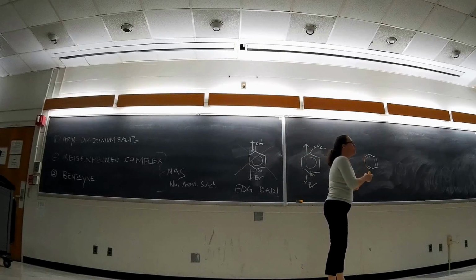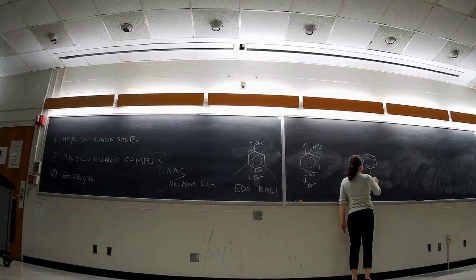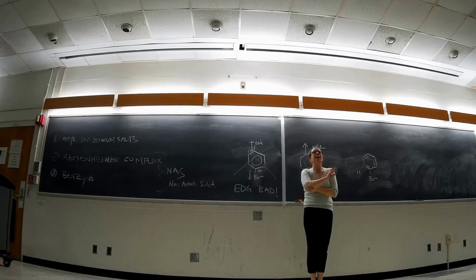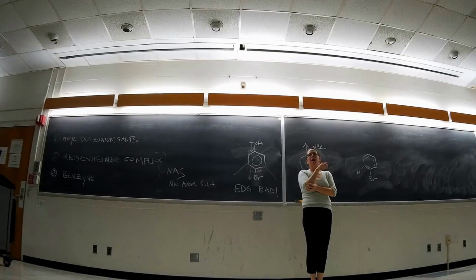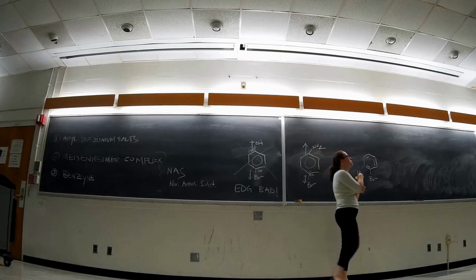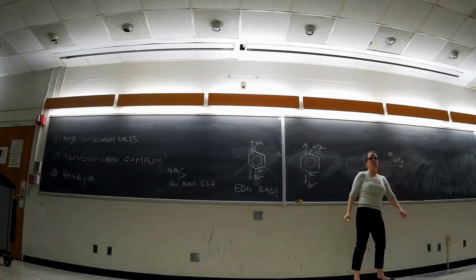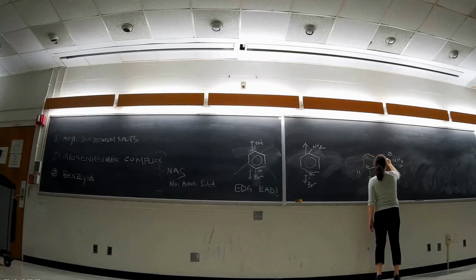Okay, so if I start with bromobenzene, this proceeds through a benzyne intermediate. Benzyne, Z-Y-N-E. What does the Y-N imply? Alkyne, a triple bond, exactly. One base that is sure to work here is sodium amide.